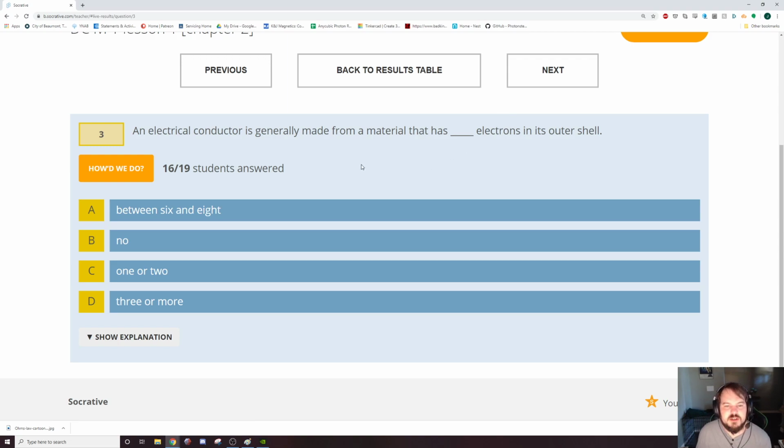All right, an electrical conductor is generally made up of a material that has one or two electrons in its outer shell. When a material has one or two electrons in its valence ring, that's what the outside ring of the electron shell is called, the valence ring.